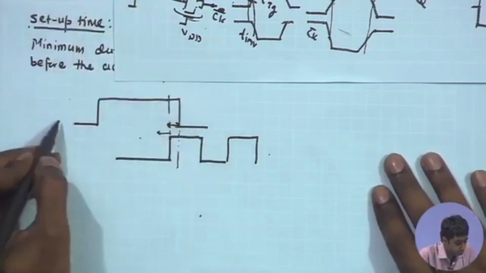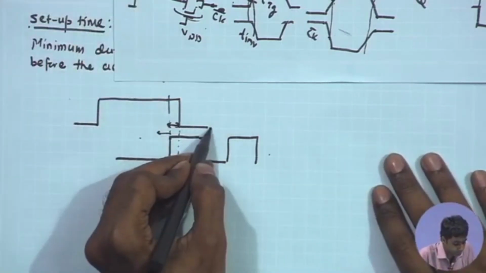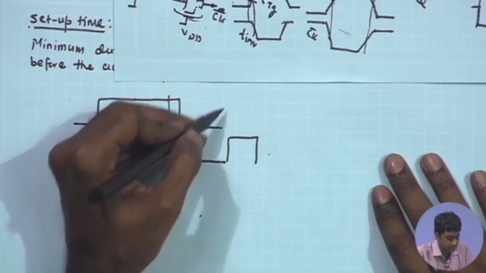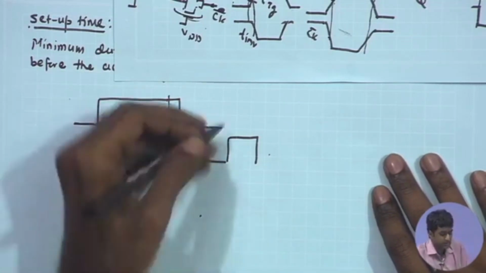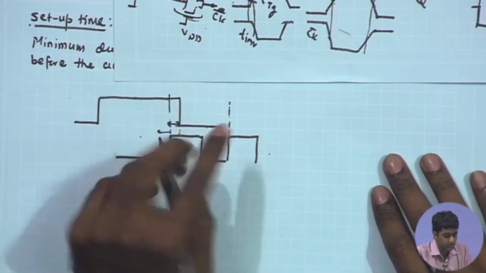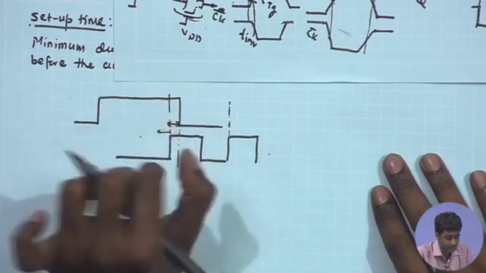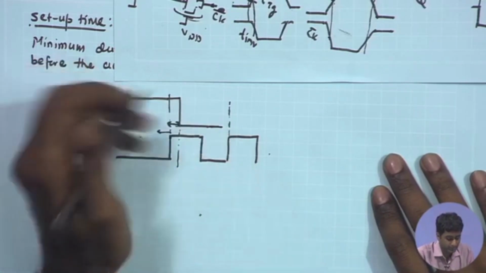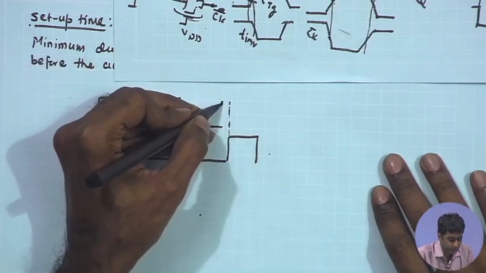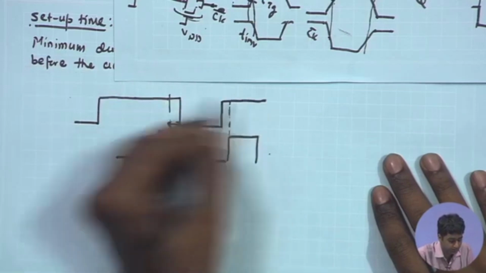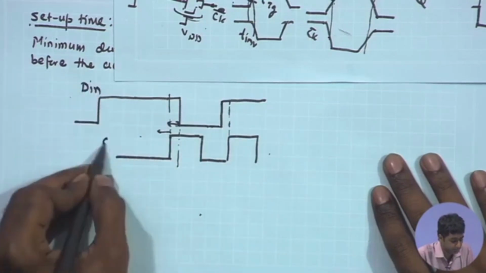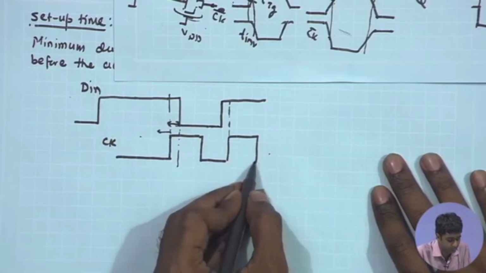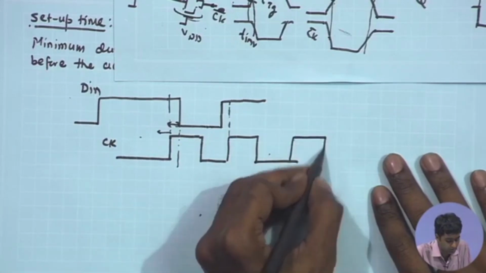So, let me draw the data transition at some other point where you have the data transitioning just before the positive edge. So, my definition is that before the positive edge of the clock, what is the minimum duration for which the data must remain stable. So, here again suppose the data is transitioning here. This is the D in, and the way I have drawn the clock, suppose you have the continuous clock waveform going on.